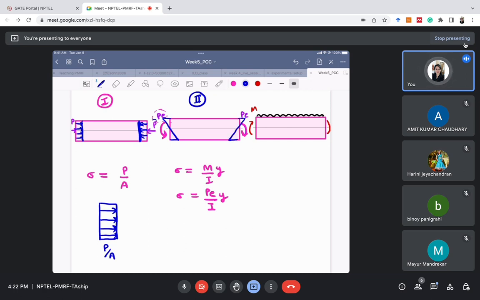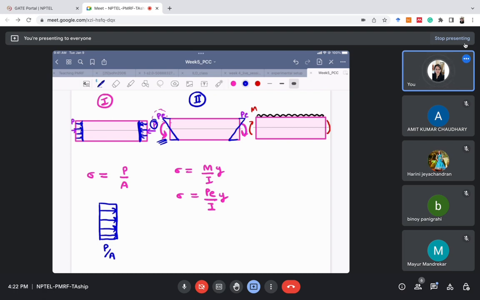This axial force was applying a uniformly distributed compressive load on the entire cross section, but this moment, M or P into e, is causing the bottom part to be under compression and the top part to be under tension. If you don't understand at any point, please stop me then and there.